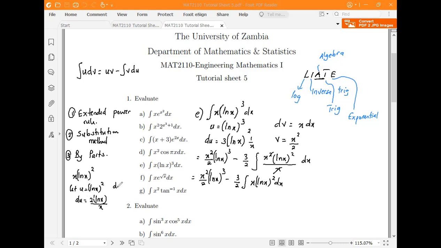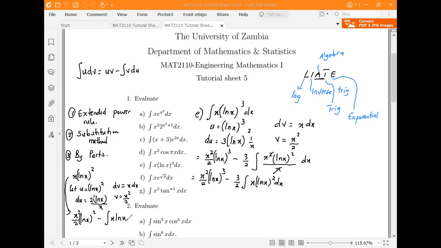And then dv is 2x dx, and then v will be x squared over 2. So we come back here and say the integral of this guy is going to be uv, that is x squared over 2 ln x squared, minus the integral of what? The two 2's will cancel as I do v du, and the x cancels again, so I'll remain with x ln x.